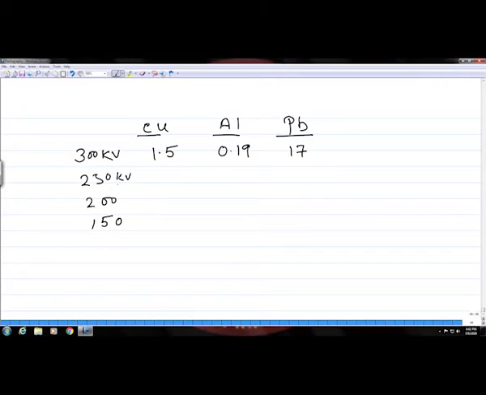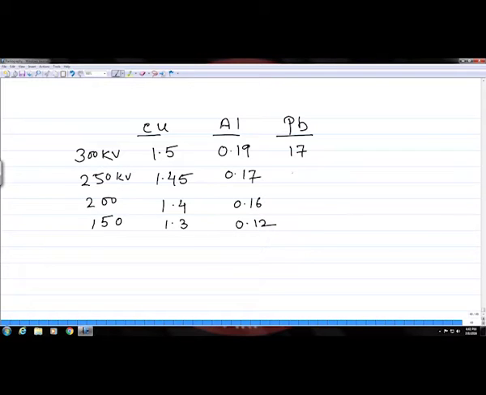Then as you decrease the X-ray energy, this would also decrease. For copper it will be 1.45 at 250, 1.4 at 200 kV and 1.3 at 150 kV. Similarly, for aluminum it is 0.17, 0.16 and 0.12.